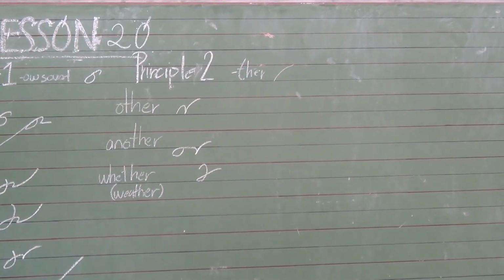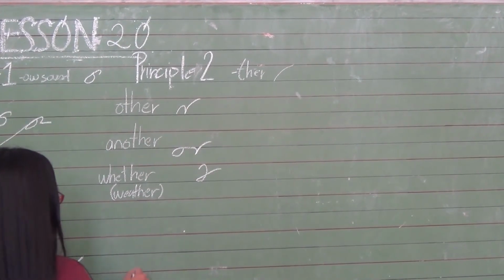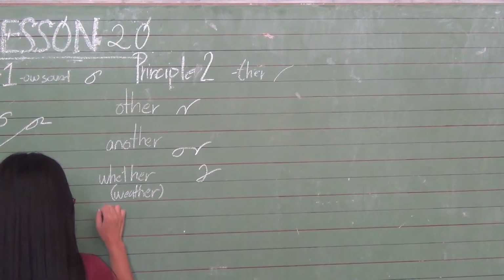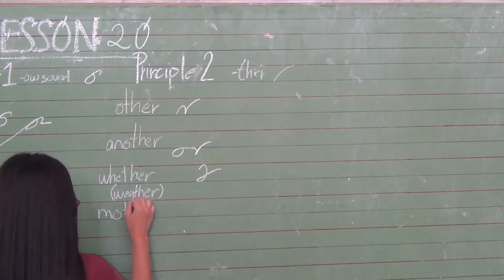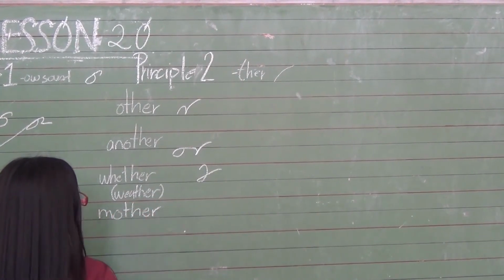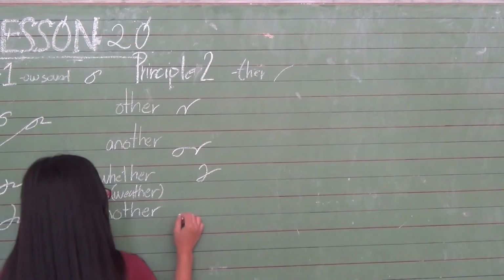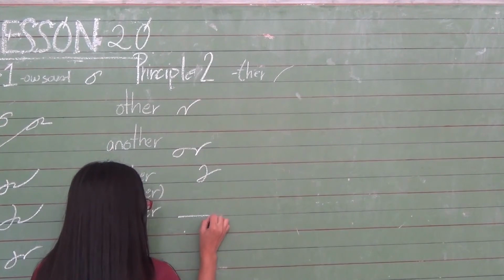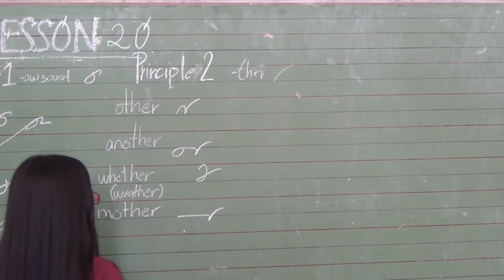Next is mother. It is represented by M stroke, OO hook, and over ITH.